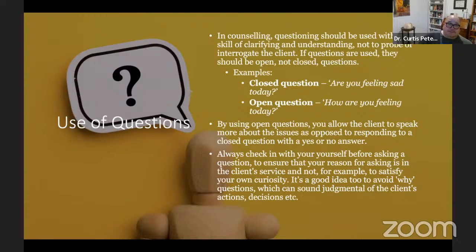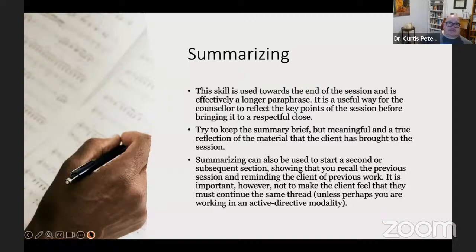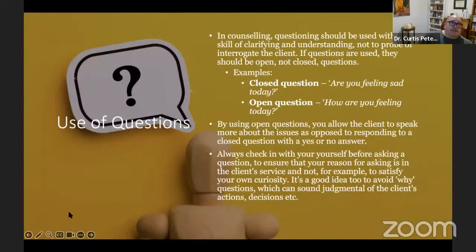So the steps in this, I don't know if there's another slide on this. The steps in this is that one, your clients are talking, and you need to just get them on track. One, you ask the question in your head and say, does this have a therapeutic value? And will this help my client, not help me?